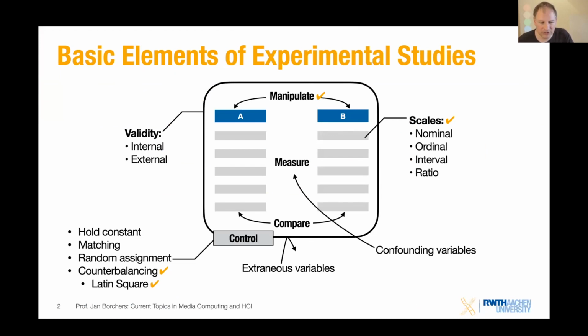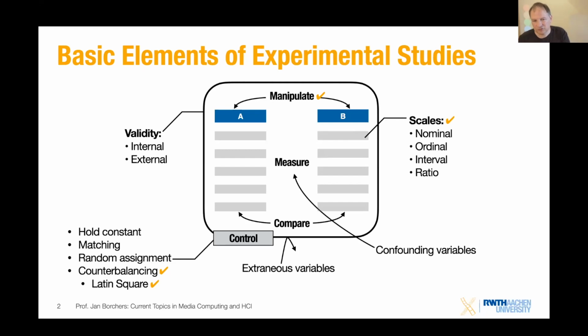And last lecture, we talked about some of these things already. We talked about between groups designs, within groups designs, etc. We covered counterbalancing, we covered the Latin square technique, and we talked about scales, right? These are things that we've already talked about. So we're going to continue this today and go into some more of these aspects.